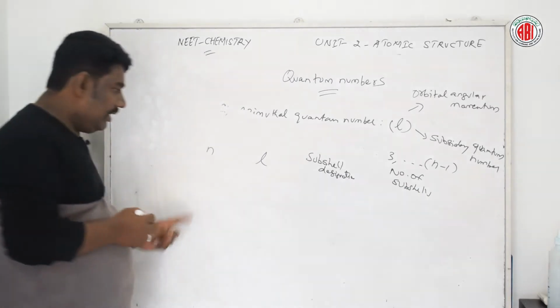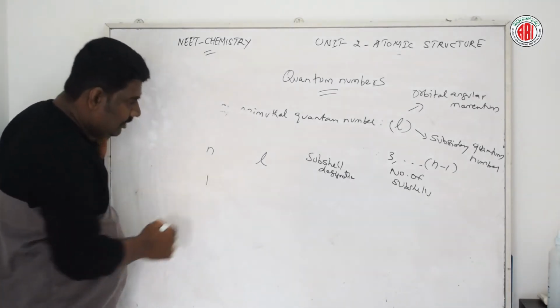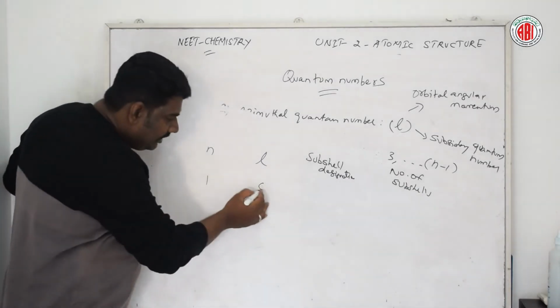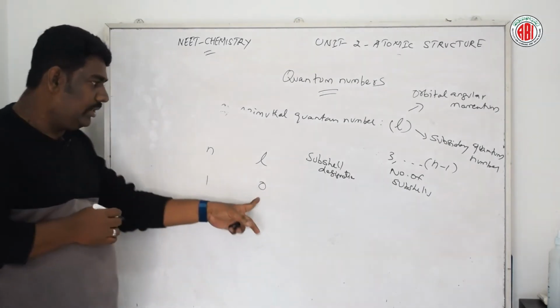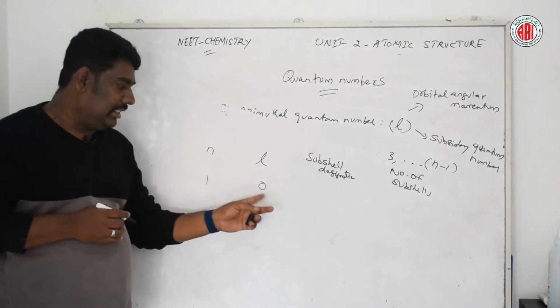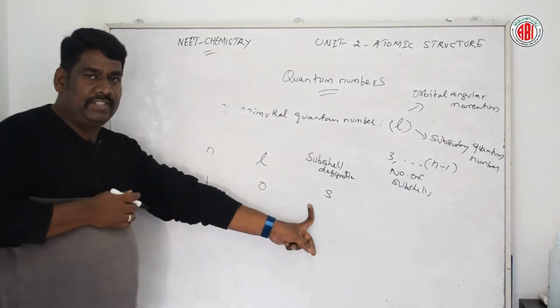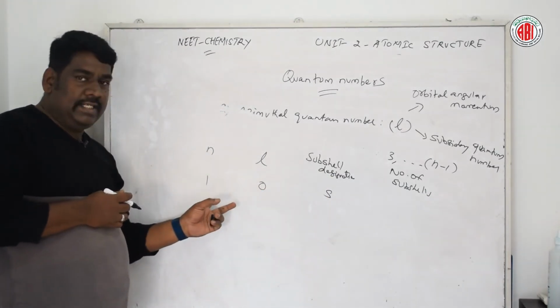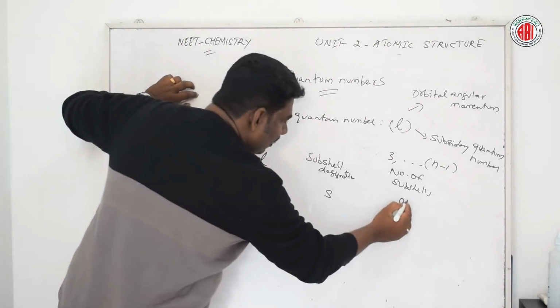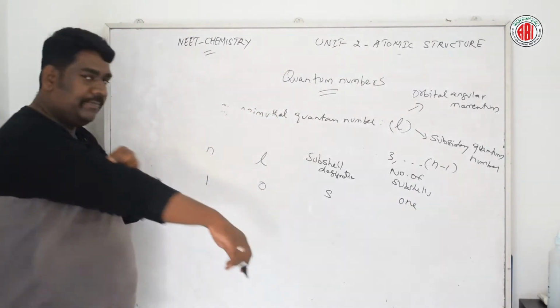For example, N value 1, L value starts from 0. So L equals 0 here. 0 stands for S, so the designation is S. Number of subshells present in N equal to 1 is 1. Only one subshell is present.